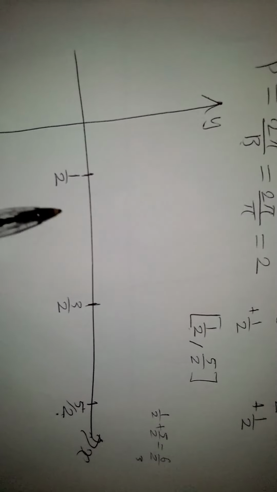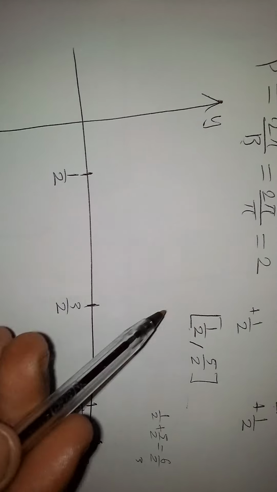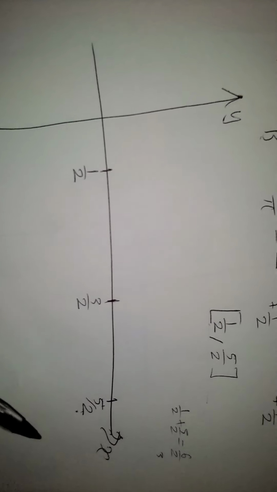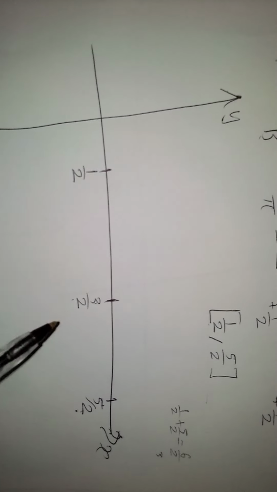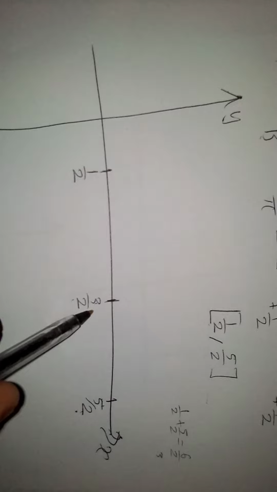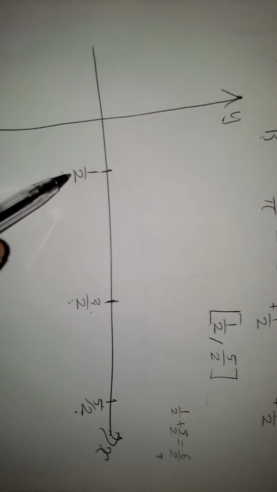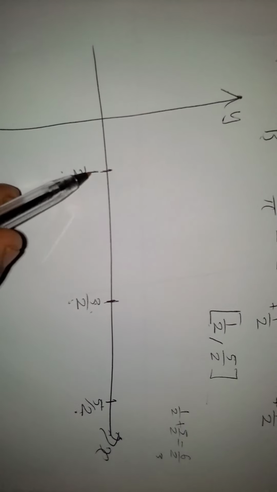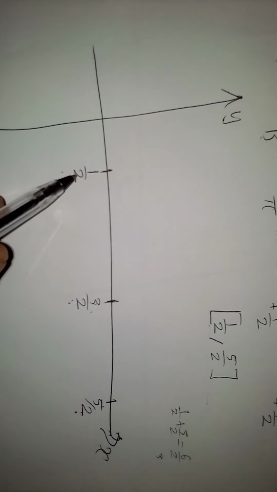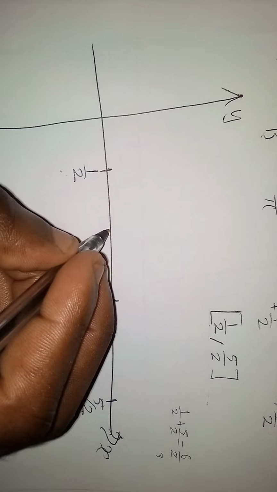Then we can get the half of 3 over 2, because it is cos, so we want to identify the first quarter of this interval and the last quarter of this interval. So we simply add 3 over 2 plus 1 over 2, we are getting 4 over 2, which is just 2, multiplied by 1 over 2. So this will be 1 here.